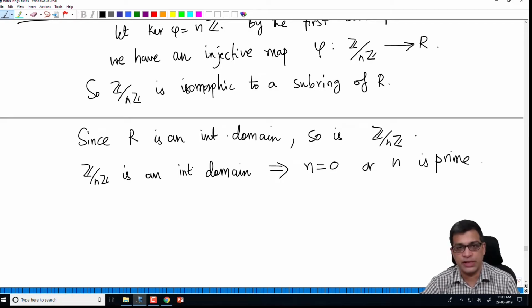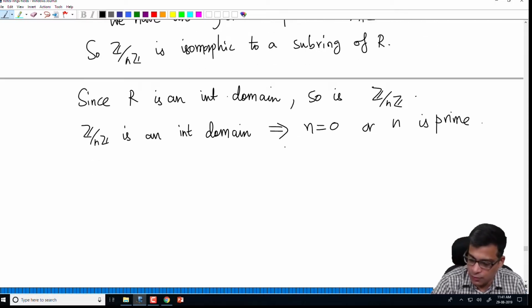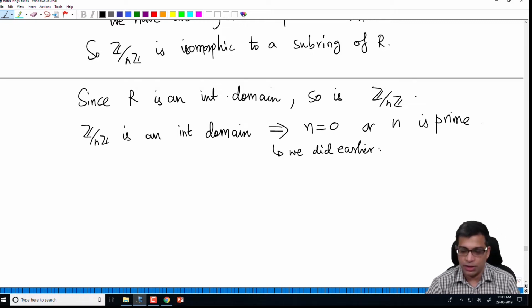For example, Z mod 4Z is not an integral domain because 4 is not prime and 4 is not 0. There you can get 2 bar times 2 bar is 0. So this we did earlier, so I will not do this again, but this shows that the characteristic of an integral domain is either 0 or prime. Okay.